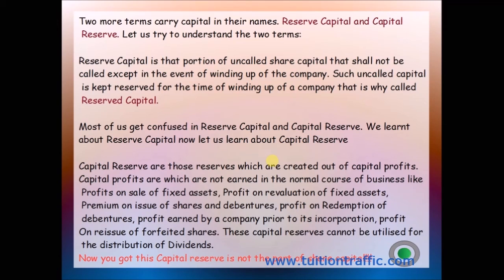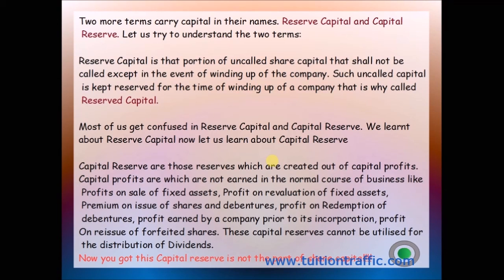Now comes the capital reserve. Now what is capital reserve? It is actually not related to capital. It is the term used with relation to profit. Capital profits are those profits which are not earned in the normal course of business.